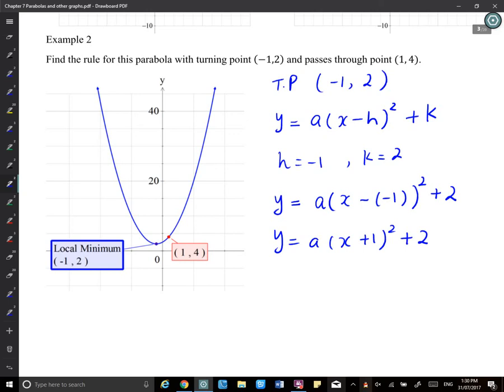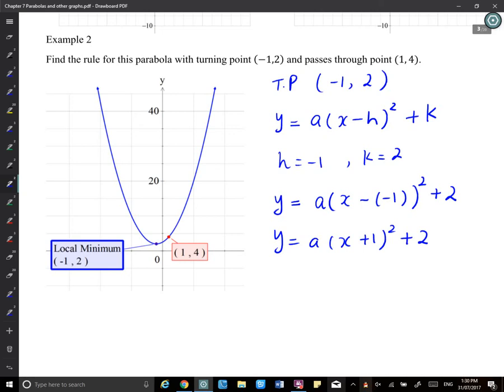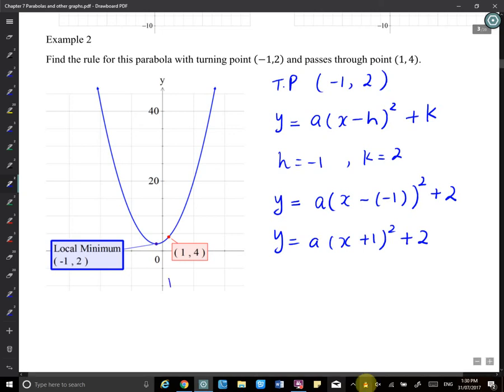You don't know the a value now. The a value is missing. So what you're trying to do is use another point on this graph and substitute it in to find the a value. So (1, 4) gives you, when x equals 1, y equals 4. This point is on this graph, so you can substitute it into the equation to work out the a value.